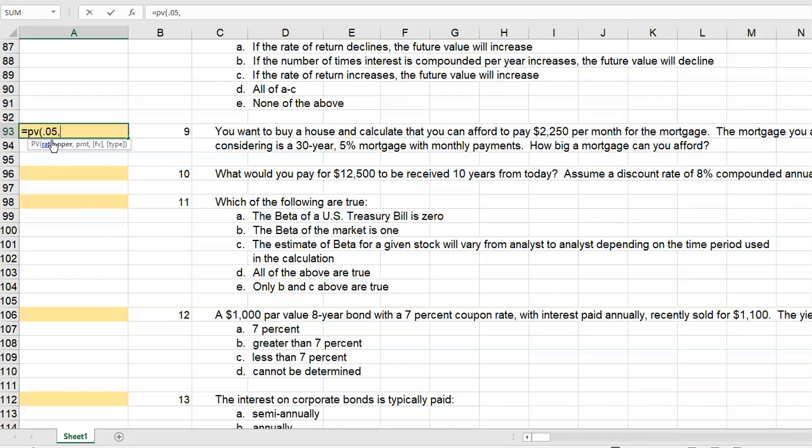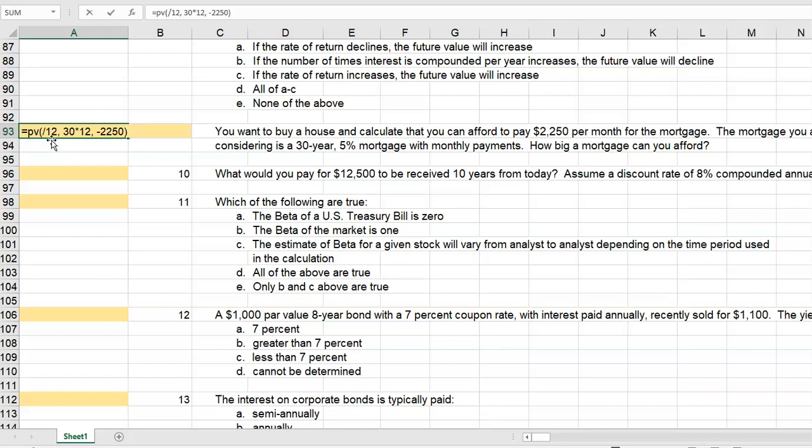Multi-period, monthly payments. So that's my annual rate, I have to divide it by 12. Number of periods is 30 years times 12. That's how many months. My payment, I can pay negative 2250.